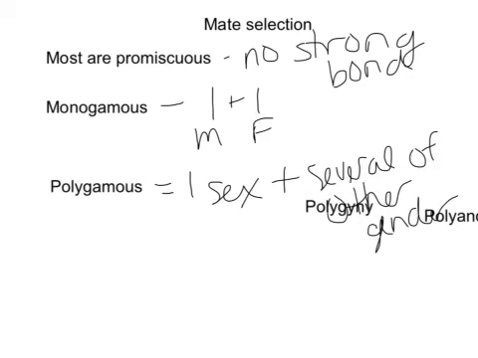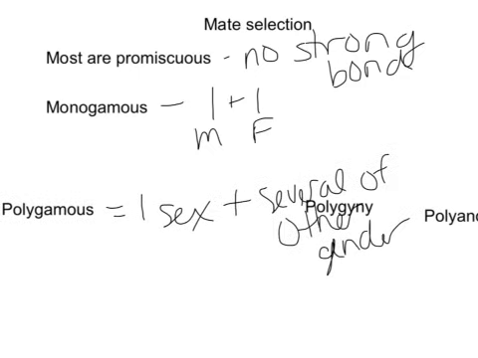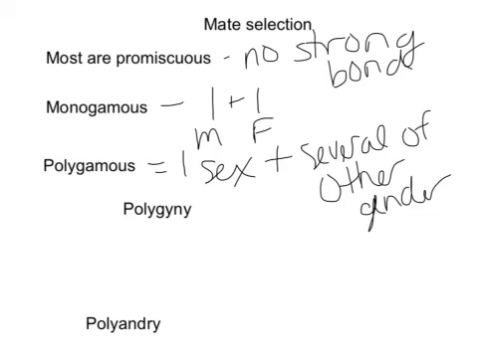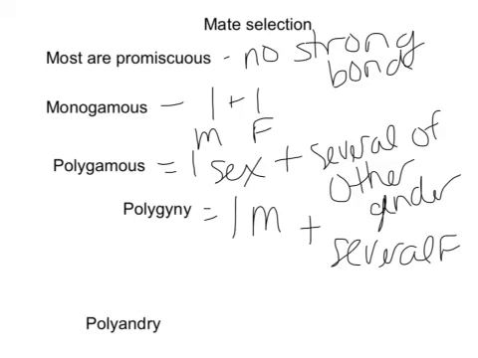Polygyny is when you've got one male with multiple females. So one male plus several females would be polygyny.